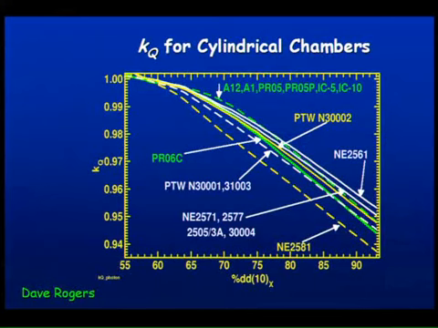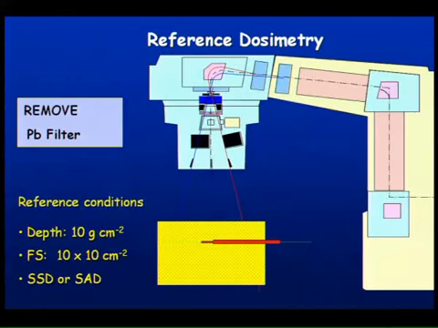Once you have done that, then you have measured the beam quality. KQ is now given as a function of beam quality for different chambers. You have measured beam quality, and now you're ready to calibrate your beam. The first thing you do is remove the lead filter. You don't want to keep that in the path of the beam. And these are the reference conditions.